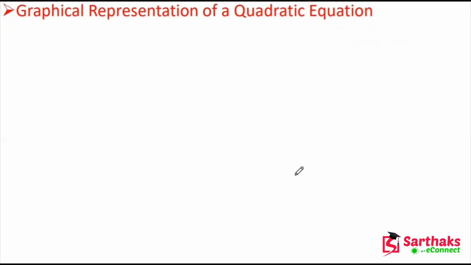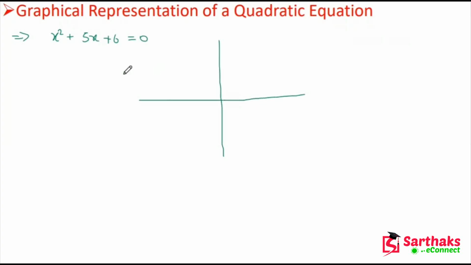Let's suppose we have the equation x square plus 5x plus 6 is equal to 0. If we plot this on the graph, first of all we have to find the roots of this equation.